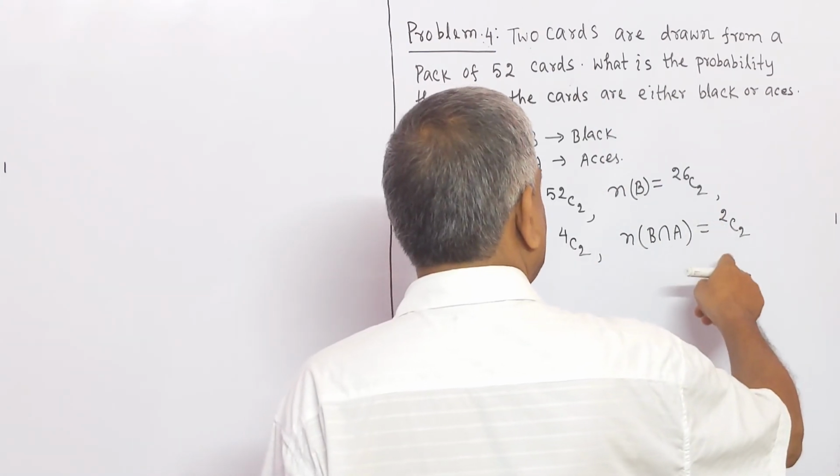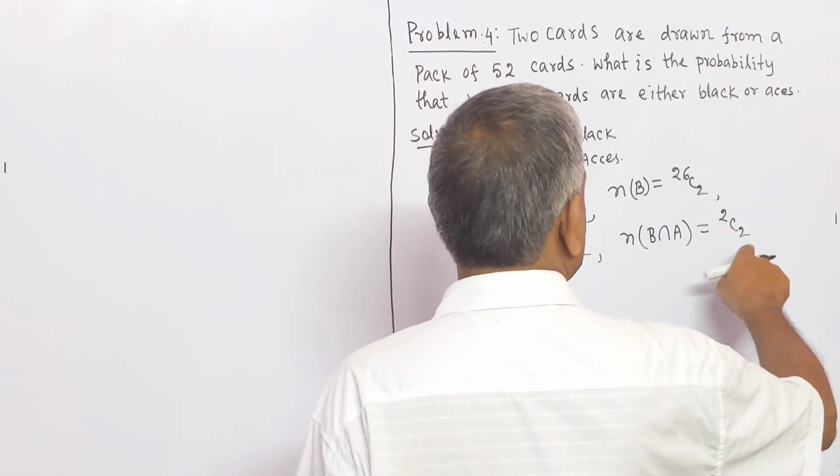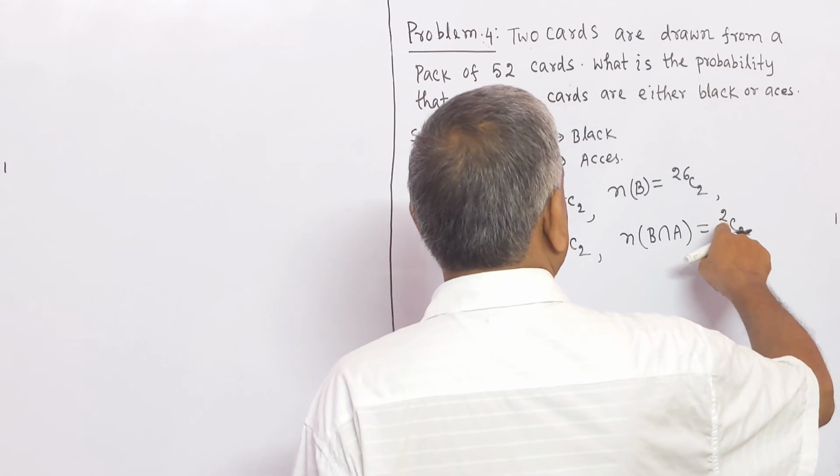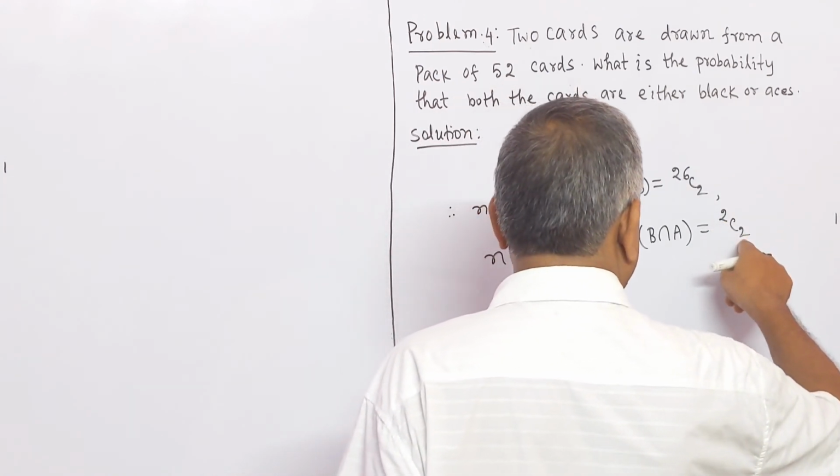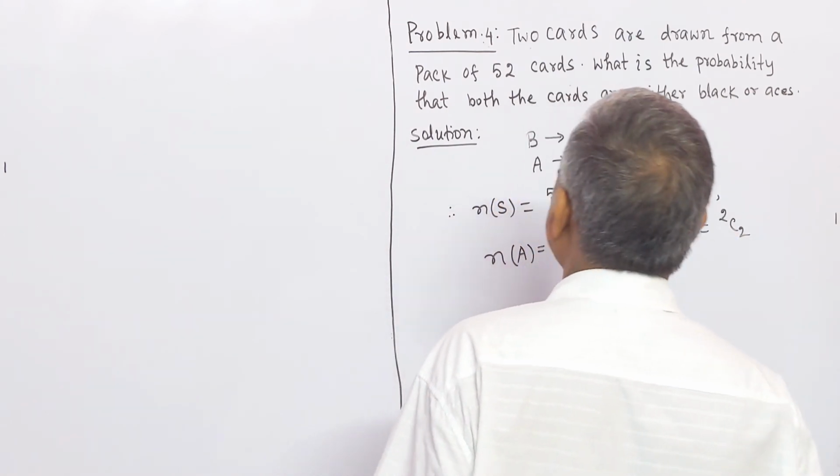We have to select 2 black aces, means number of black aces is 2 and we have to select 2 black aces.